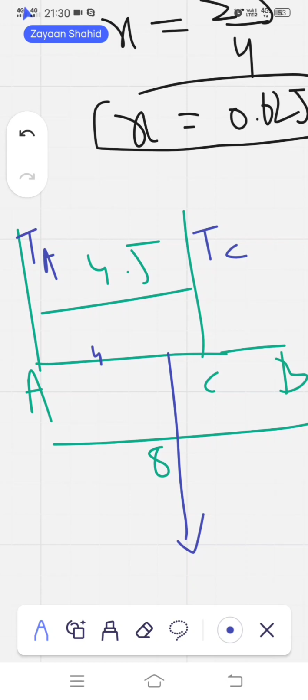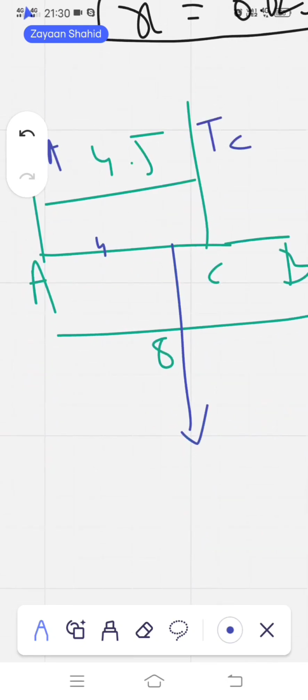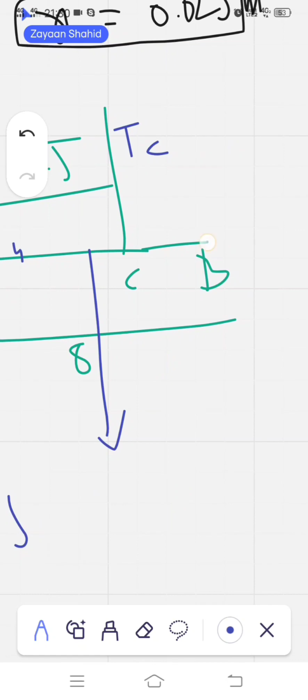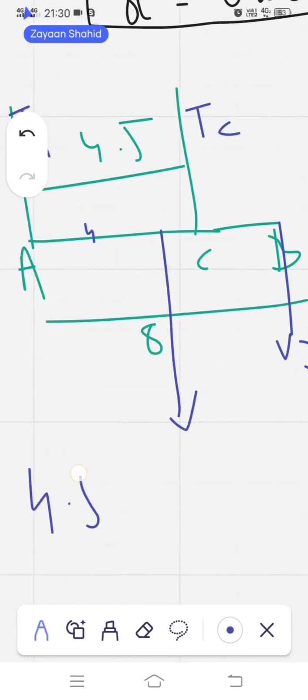Now taking the moments about the point A. Our weight attached is 30 Newton. So 4.5 distance multiplied by the force TC.